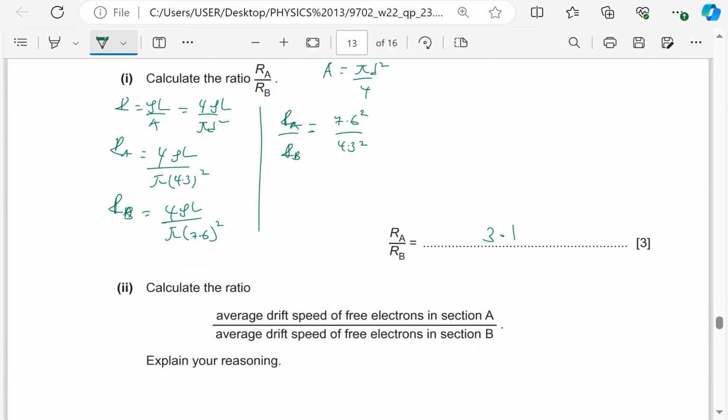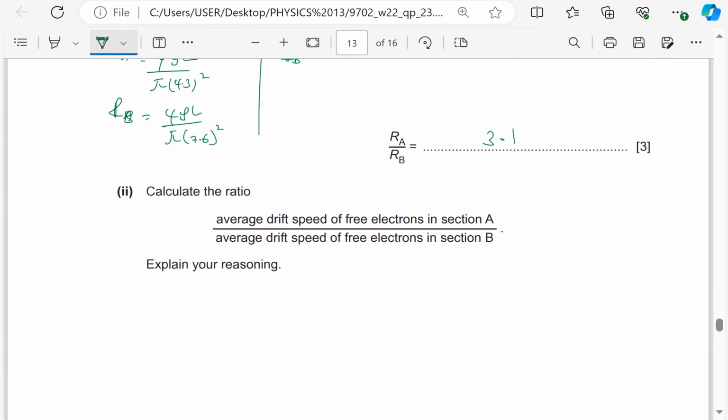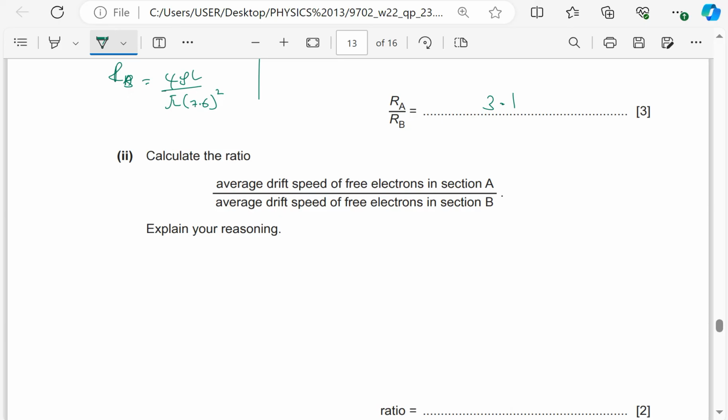Then calculate the ratio average drift speed of free electrons in section A over average drift speed of free electrons in section B. So, of course, we know that current equals N A V Q. So the current in section A, the number density is constant.